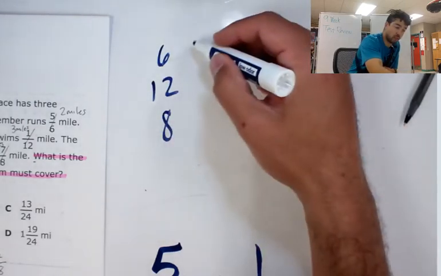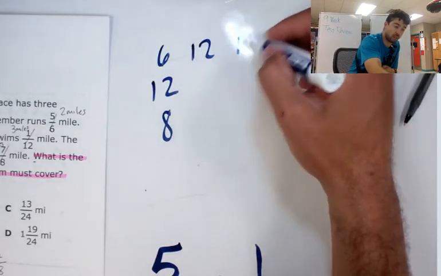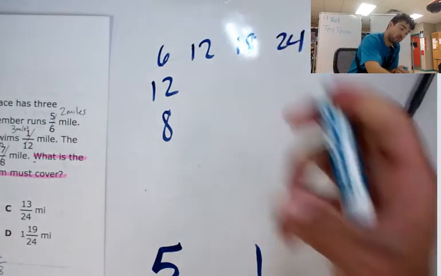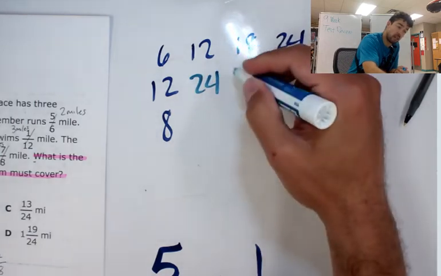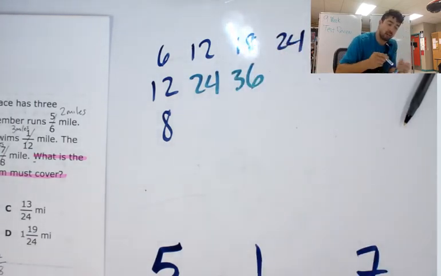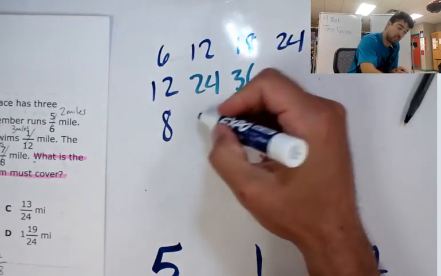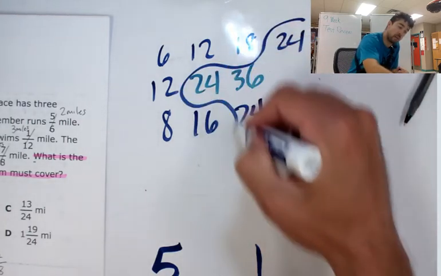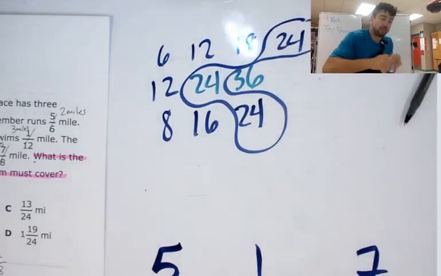So 6, 12, 18, 24. And then you'll do the next one, 12, 24, 36. And then for 8, the multiples of 8, which are 8, 16, 24. And then you can see, oh, the common denominator here is going to be 24.